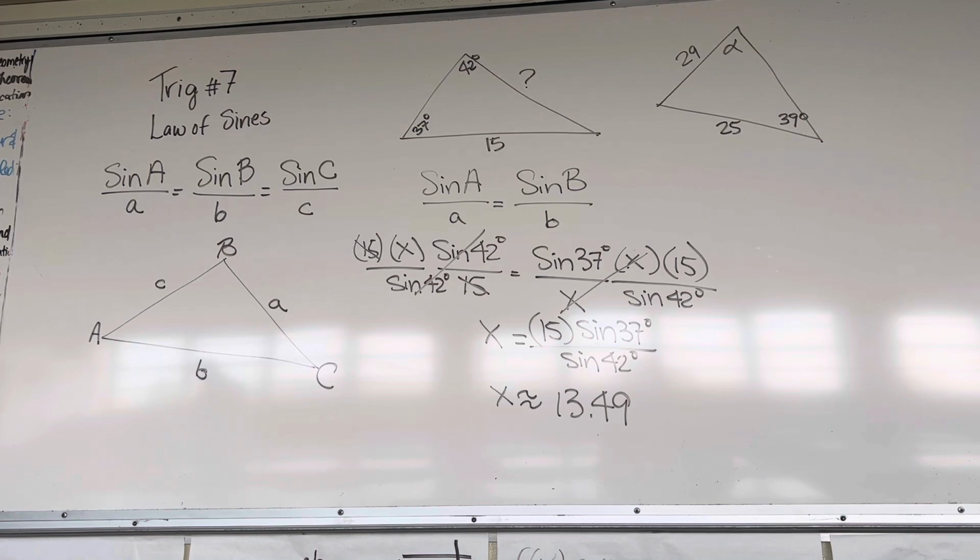Okay, ready? Say 15 times 37 sine, there, say divided by 42 sine equals.